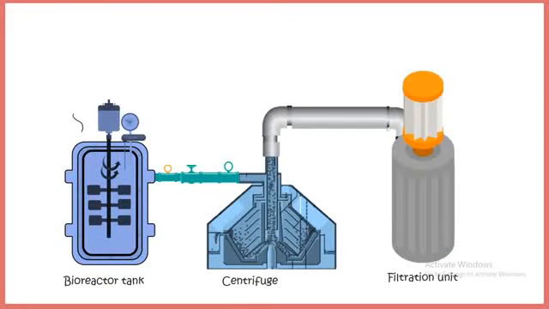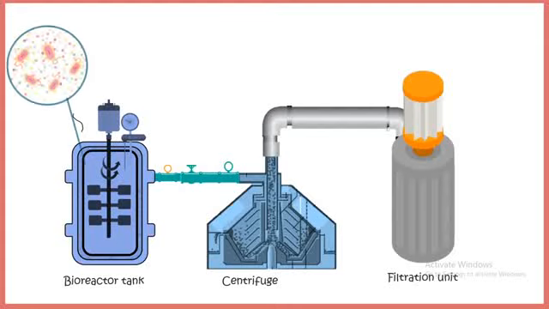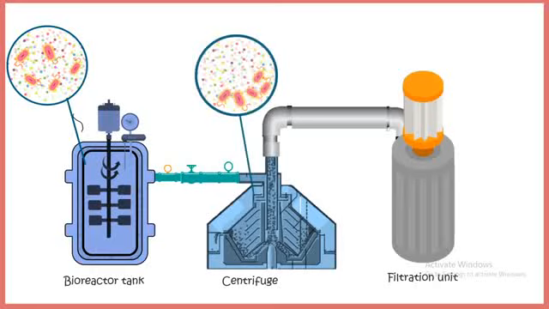Coming to the extracellular product purification. In this case, the bioreactor tank would be connected to a centrifuge, and the output of this centrifuge would be connected to a filtration unit. In the bioreactor tank, there would be bacteria, and the bacteria would have several metabolites. Some of these metabolites would be of our interest and some are useless for us. In the centrifuge, the first pass separation takes place.